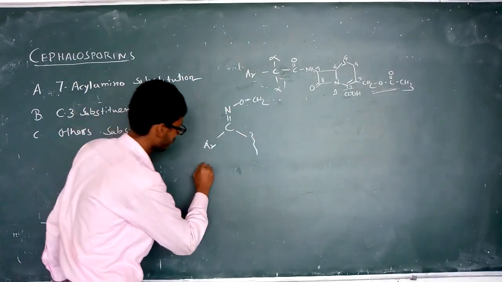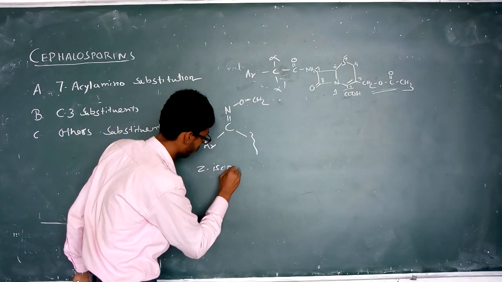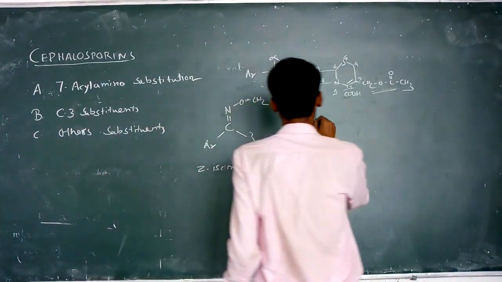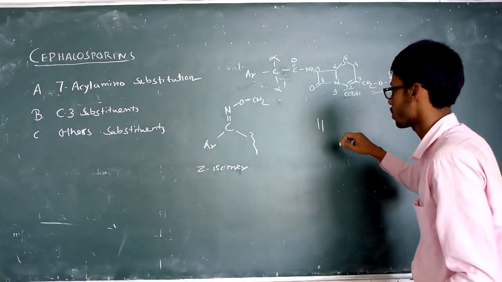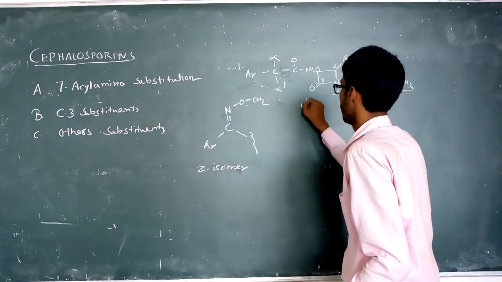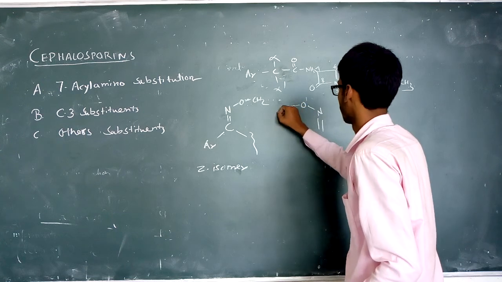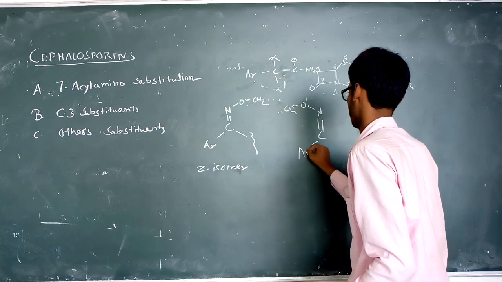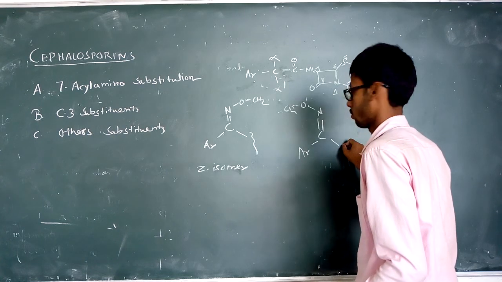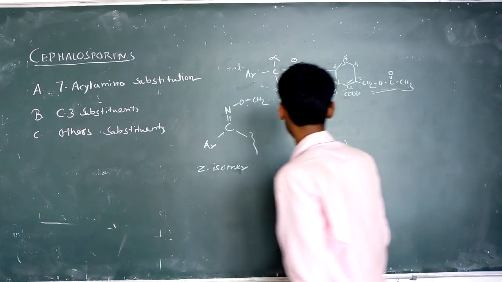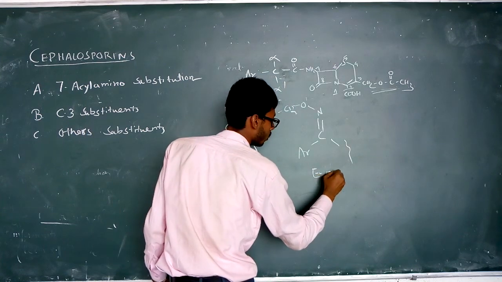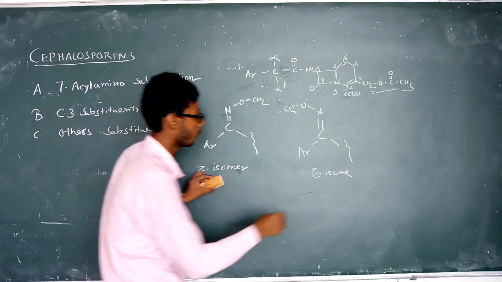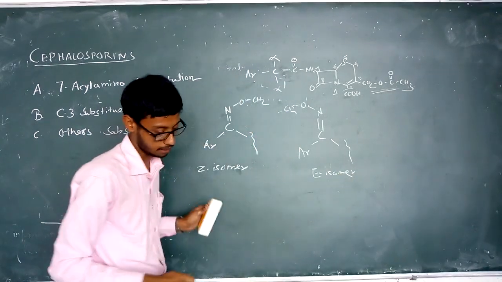So this is the Z isomer, and we can also write the oxime substitution of the cephalosporin as the E isomer. So here is the Z isomer and the E isomer.